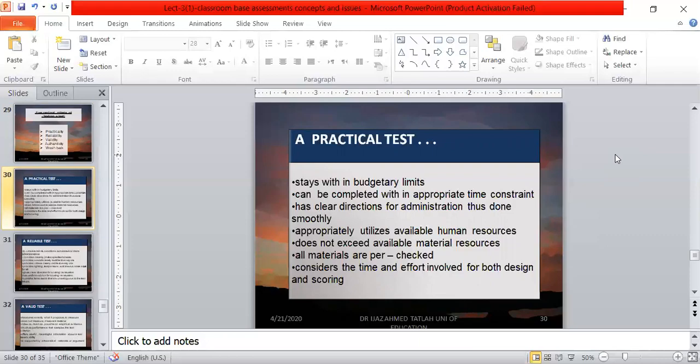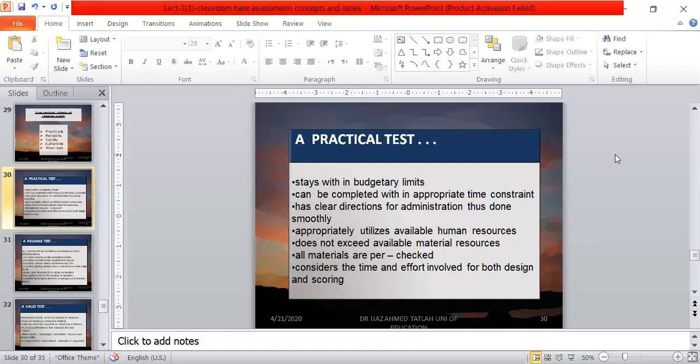So on the basis of those specifications it is administered. It has clear directions for administration, thus done smoothly, appropriately utilizes available human resources. No extra human resources are needed for any test that is known as the practical test. If extra human resources are needed, then the characteristic of a practical test is absent.